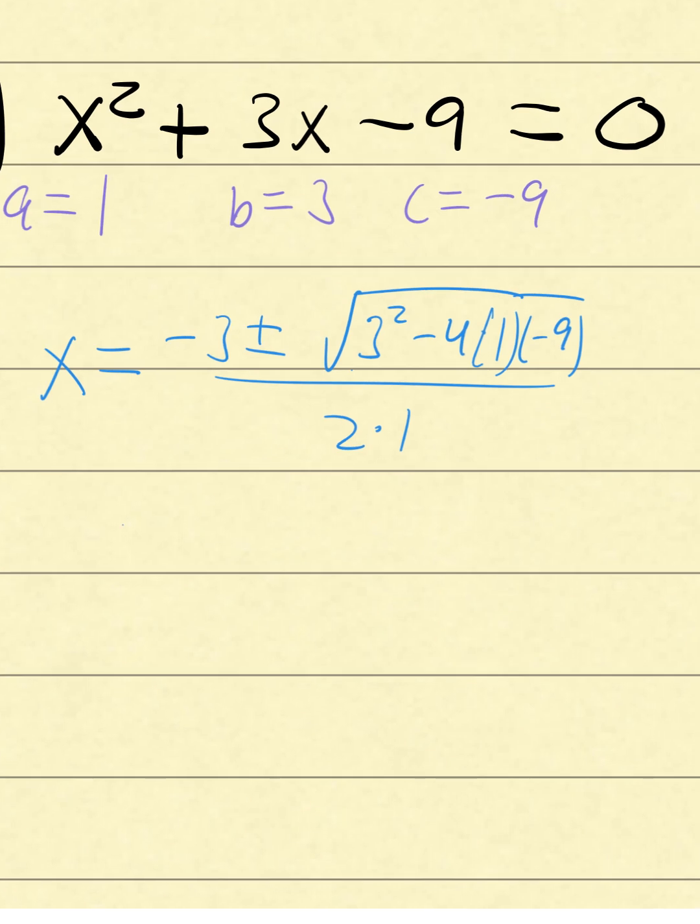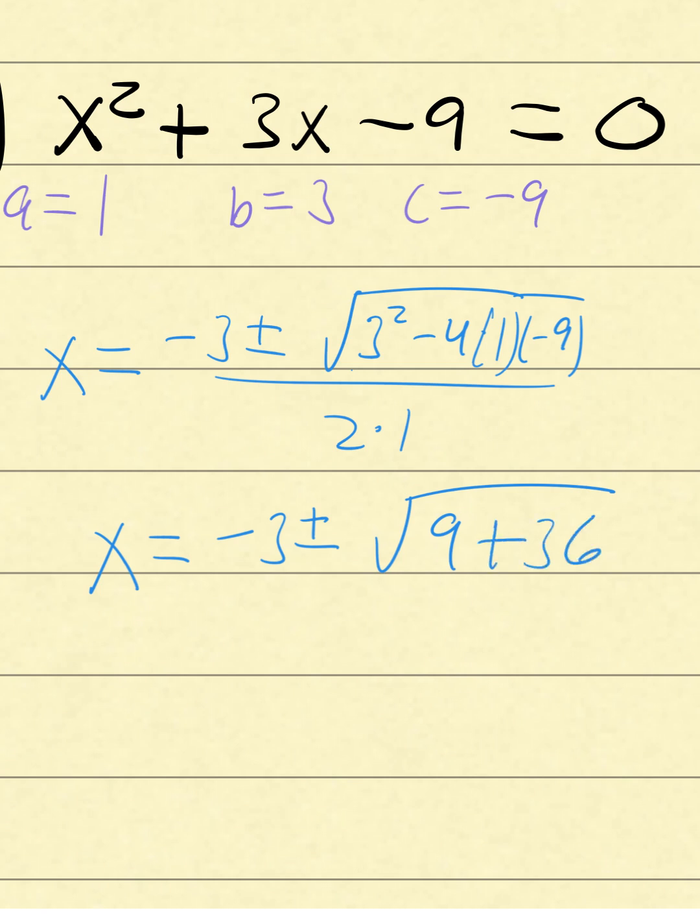Now let's evaluate this. It's going to get us -3 plus or minus the square root of 3 squared is 9, -4 times 1 times -9 is going to get you a plus 36. Careful with your signs. And then over 2 times 1 is just 2.